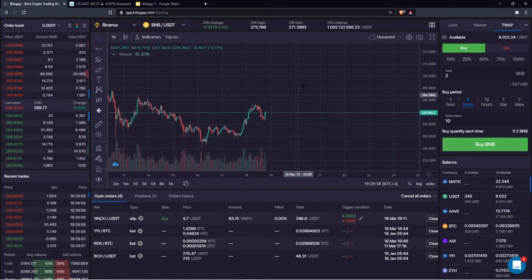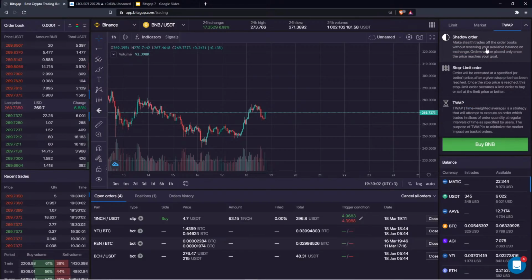So let's remove the drawings and let's see what else we have. Well, the shadow order is something you're going to use if you don't want your trade to be visible in the order book. Maybe you are willing to sell a big stake of BNB or any other crypto.